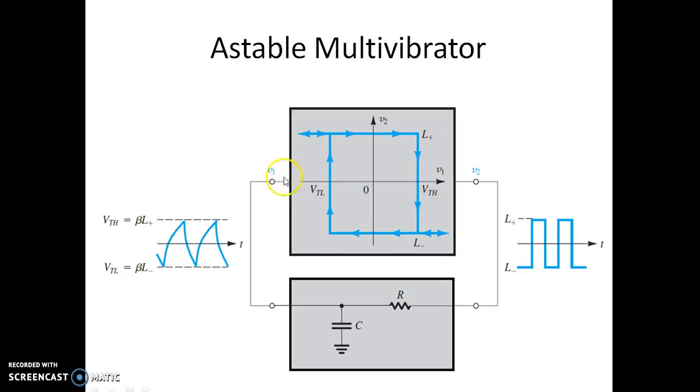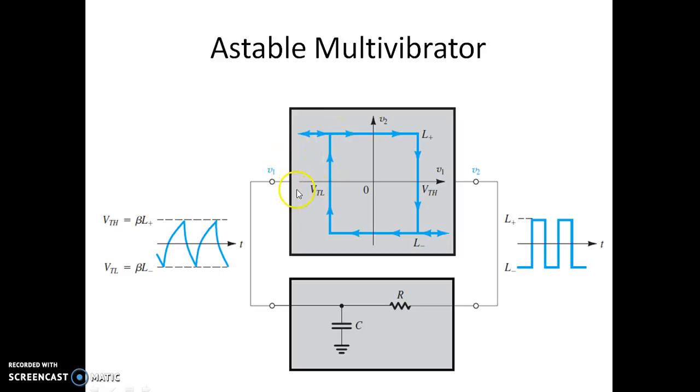Now we know that when the input of a Schmitt trigger exceeds VTH, the output changes from plus Vsat to minus Vsat. On its way towards minus VCC, when the capacitor crosses VTL, the output again changes from minus Vsat to plus Vsat.